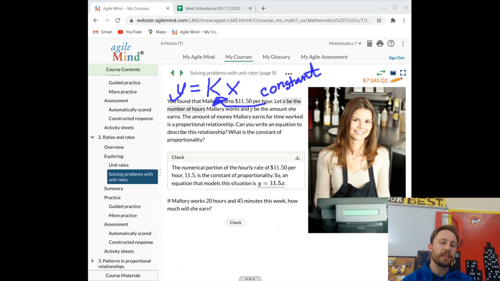Vincent said that y is equal to what? 11.5x. Correct. And 11.5x means 11.5 multiplied by x, because 11.5 multiplied by the number of hours we work will tell us how much money Mallory makes.